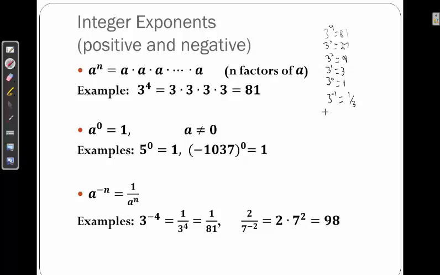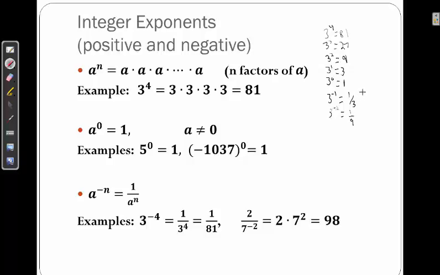Getting back to the negatives, a to the negative n is just going to be 1 over a to the n. You can already see here it's 1 over 3 to the 1, 3 to the negative 2. 3 to the negative 2 would just be 1 over 9, because you divide by 3 again.